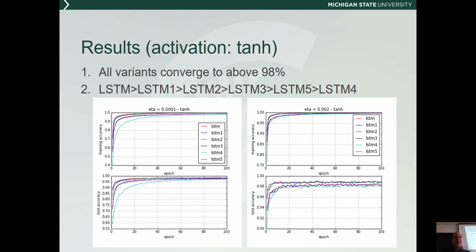This is just sharing some performance data, with training accuracy and testing accuracy. So you can plot the performance for all these different variants. Clearly, LSTM 4 in this case, I believe, I can't see it very well, but the colors.